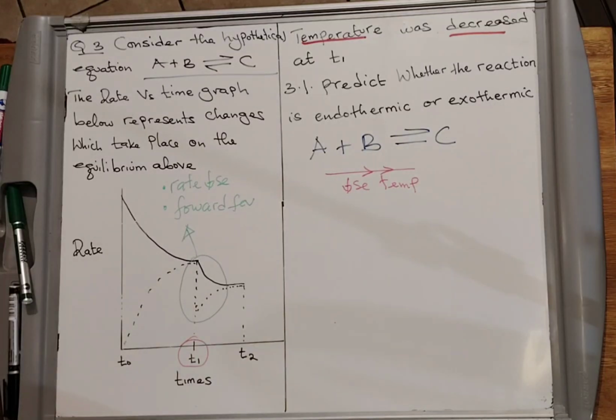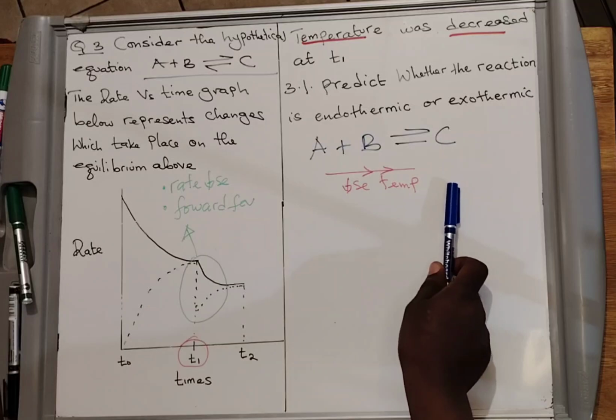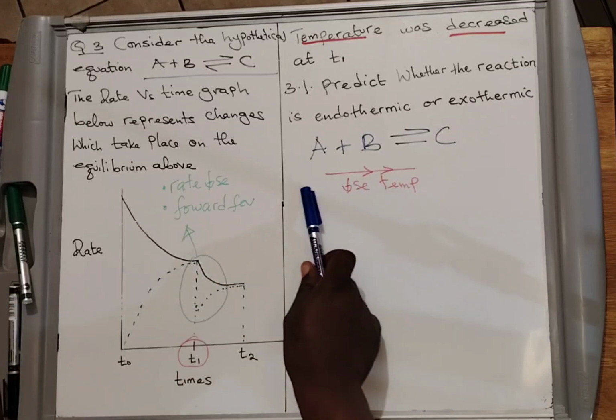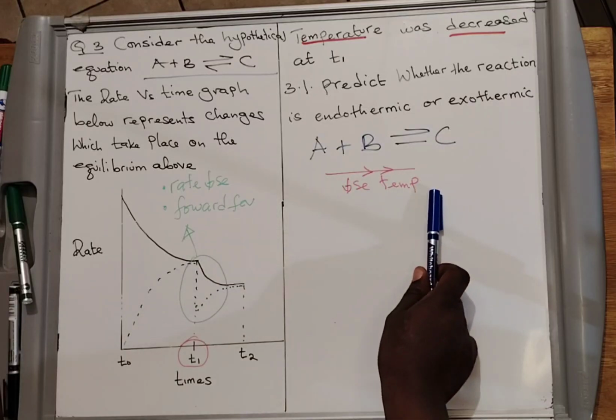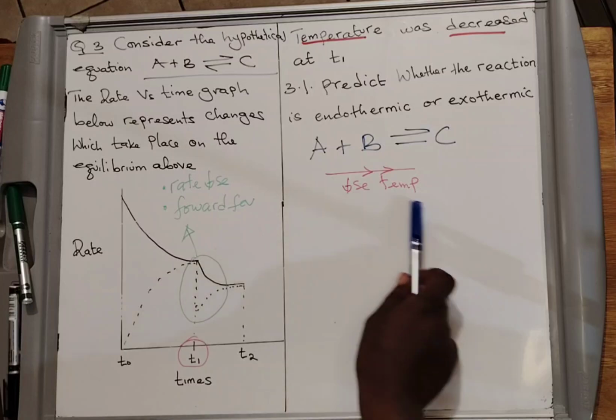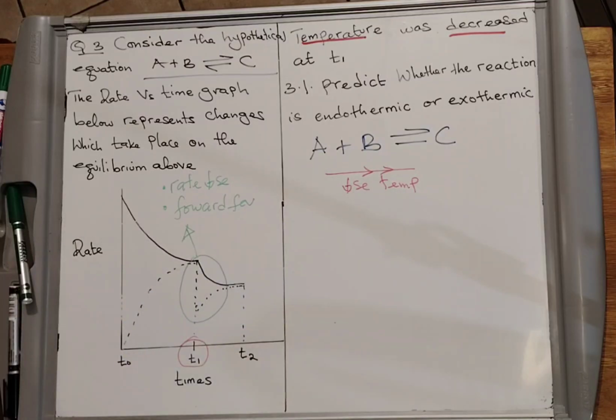And then you go and consult theory. In theory, we say that decrease in temperature favors exothermic reaction, while increase in temperature favors endothermic. So if temperature decreased on this reaction and the forward is favored, it means that forward is exothermic.